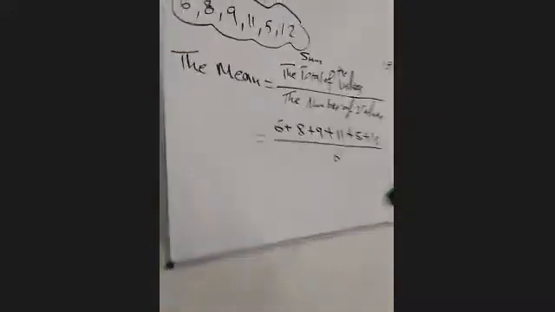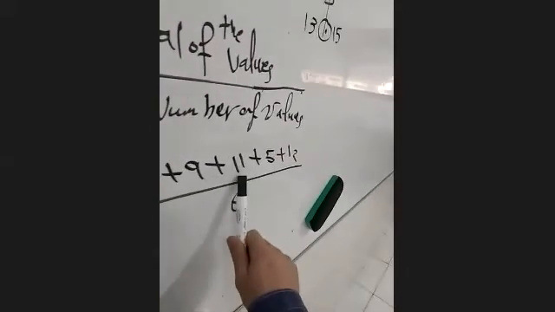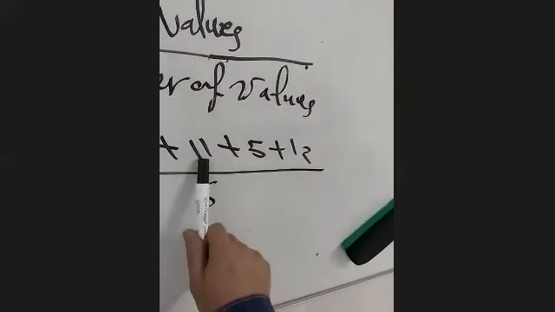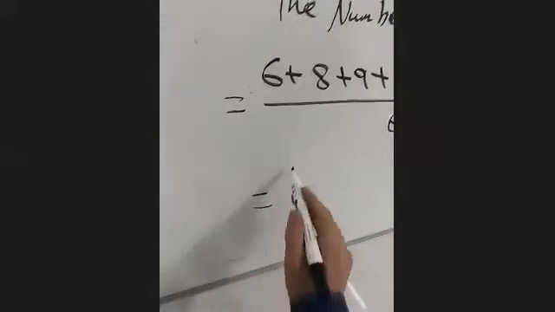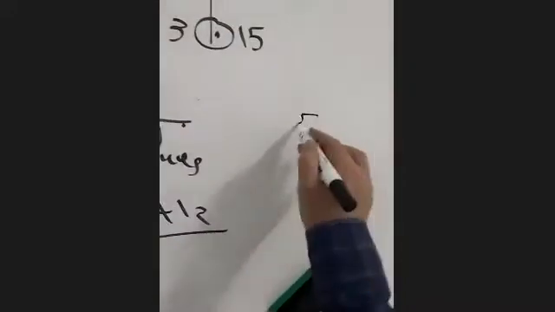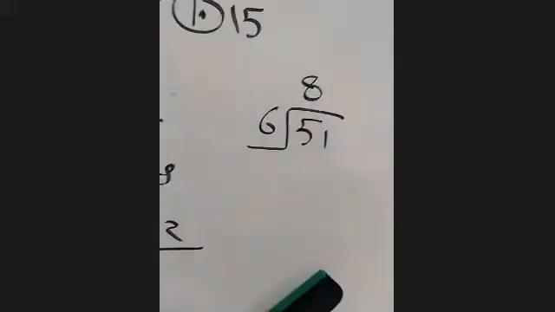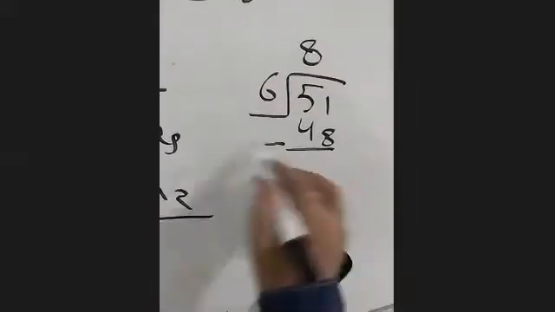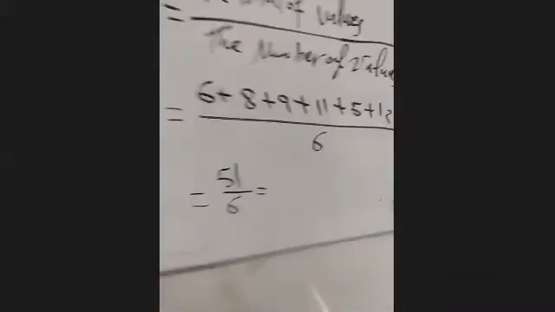Add up, then divide by 6. This is equal 14, 23, 34, 34, 39, 51. 51 divided by 6, make division. 51 divided by 6, it is 8. 48, subtract, 3, decimal 0, 5, 8.5.